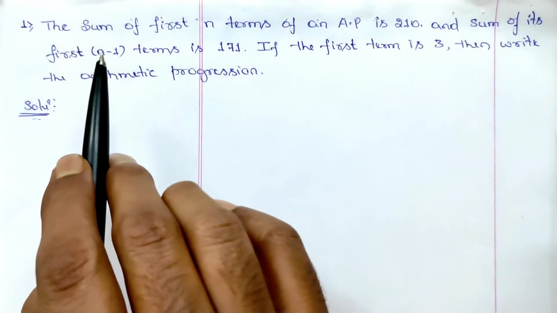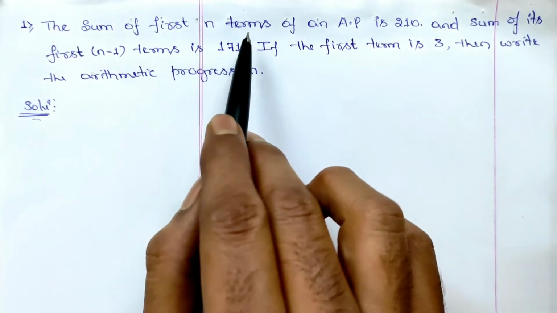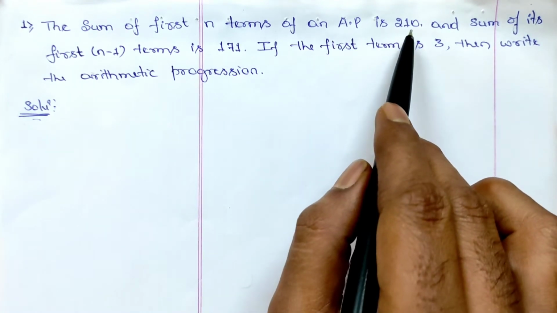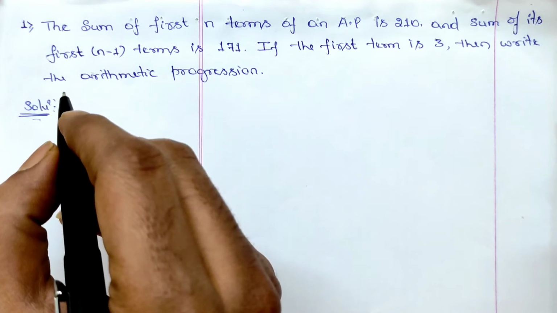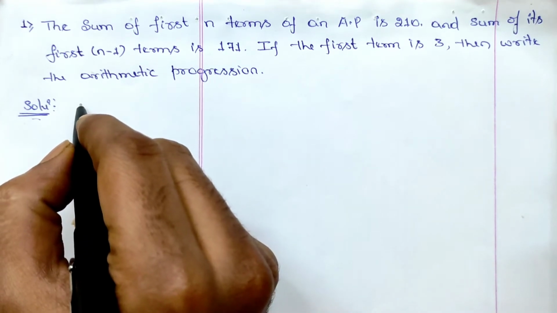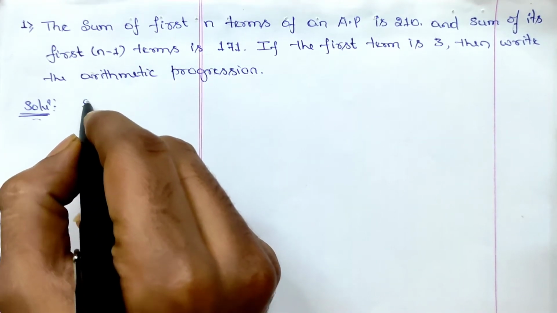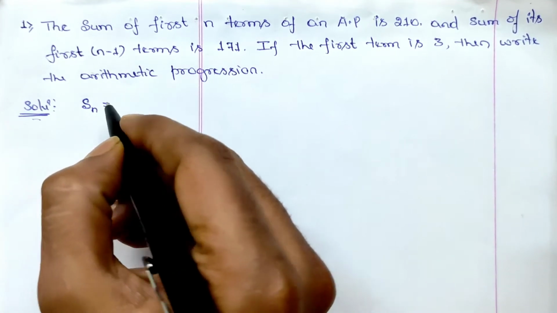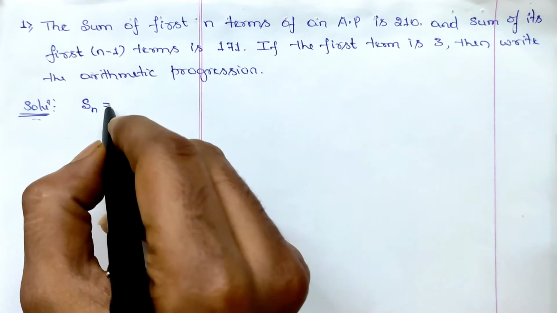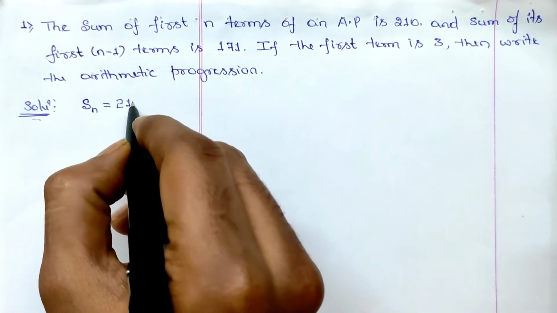Here the data given is the sum of first n terms of the AP is 210. So we can write this as the sum of first n terms, Sn, in the AP, Sn is equal to 210.